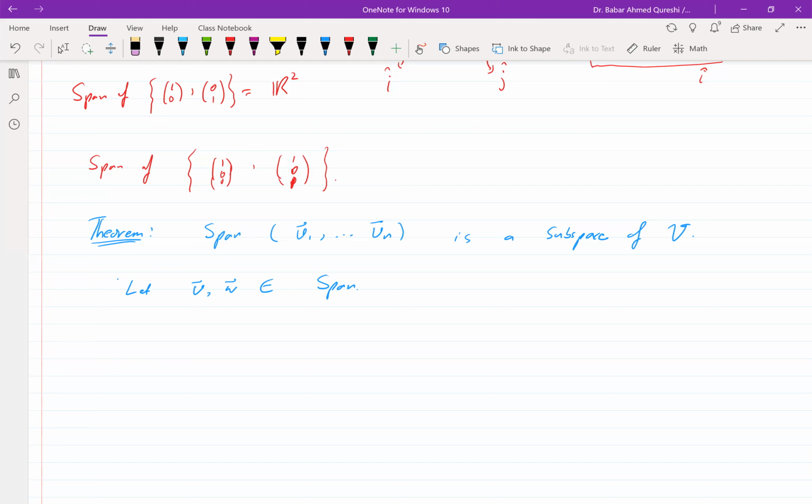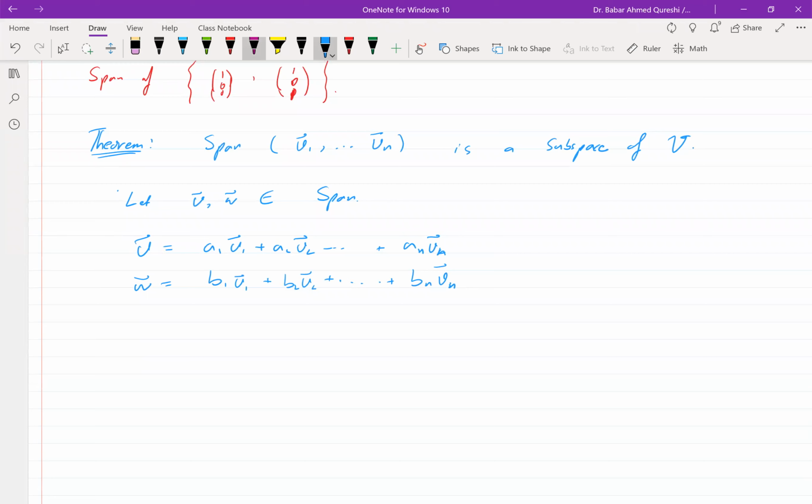If they are in the span, that means I can write v like this, and w would again be of this form with some other constants, because in the span, only those vectors are there which can be written as a linear combination.